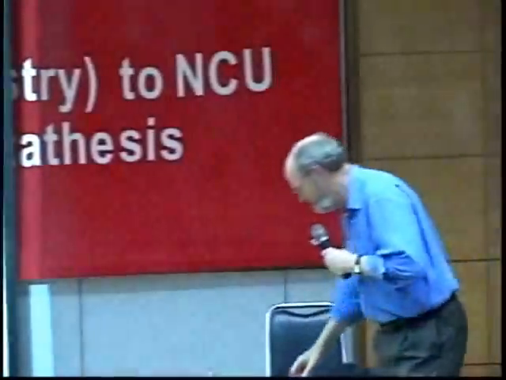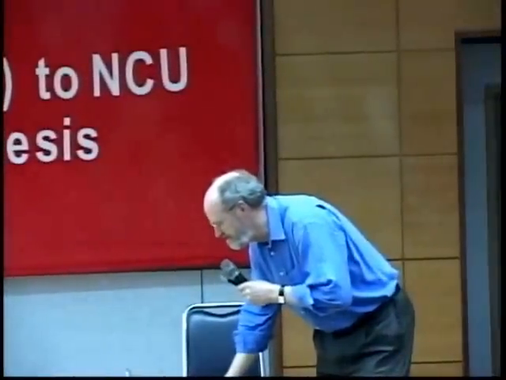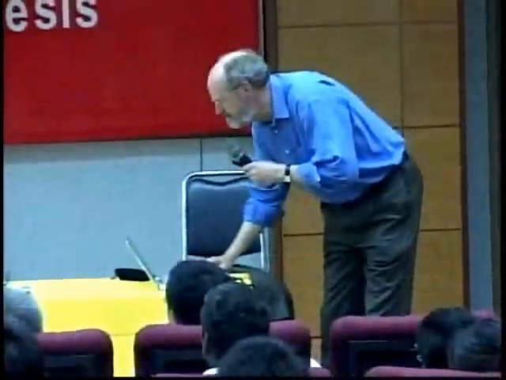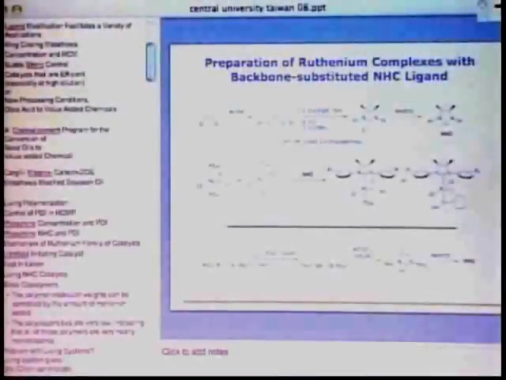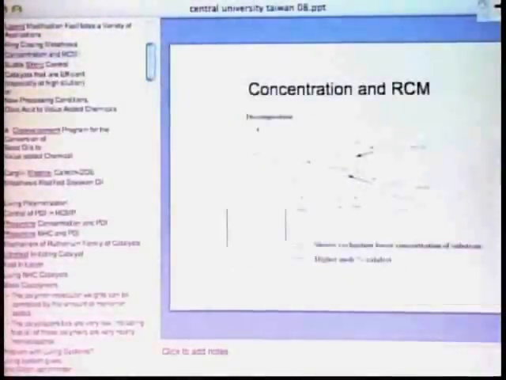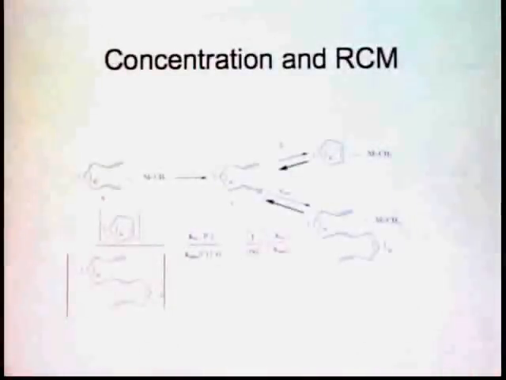Well, it's controlled by the ring strain. So if you have a very strained ring, you're almost always going to make polymer. If you have a strained ring, then that reaction will be slow.